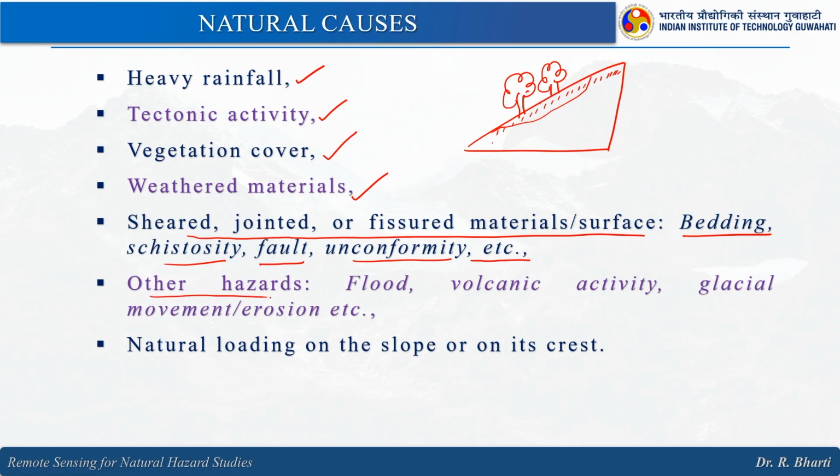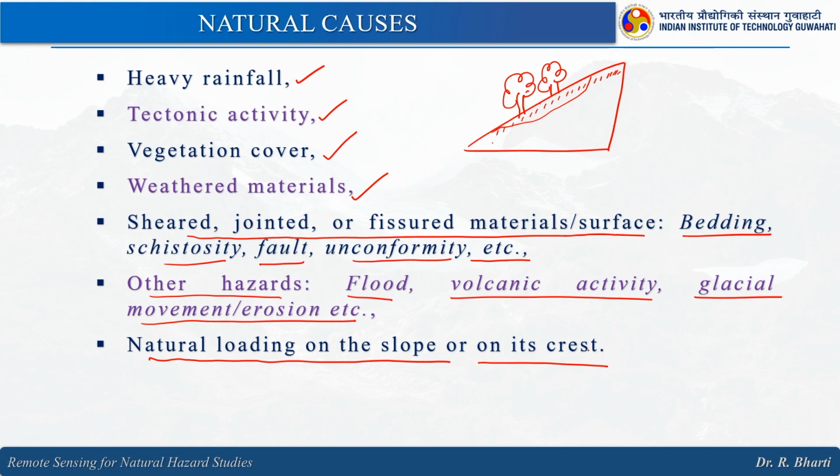Then other hazards like flood, volcanic activities, glacial movement or erosion, etc., that will also trigger landslides. Then the last one is the natural loading on the slope or on its crest, that may also cause the landslides.